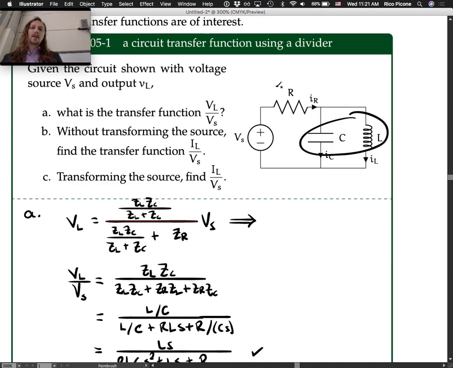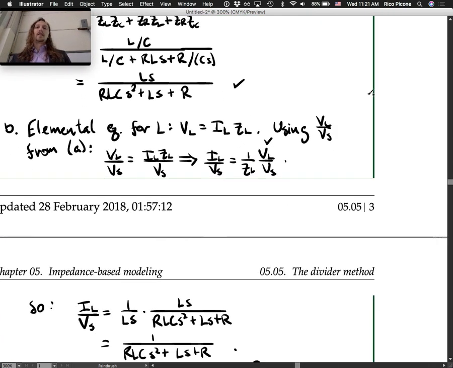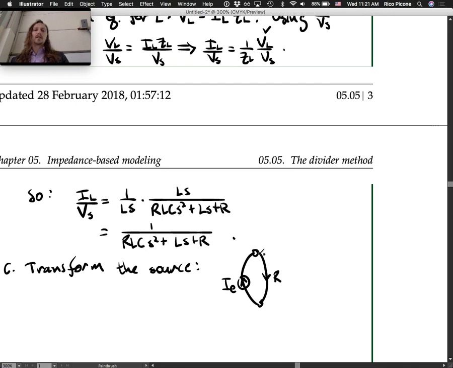So what we did is we took this section here and we turned it into a current source in parallel with the resistance. So we have now C and L in parallel with that current source, right? So C and L.